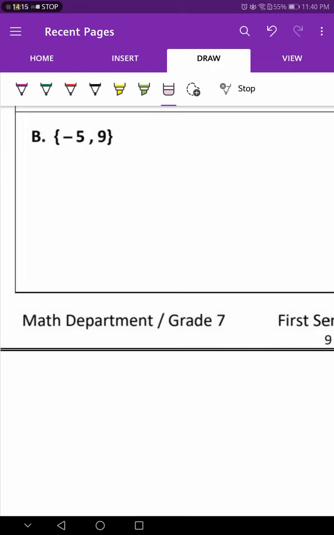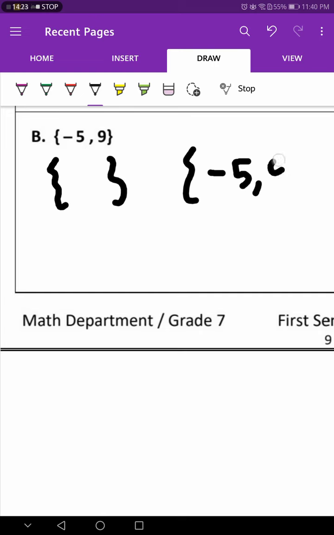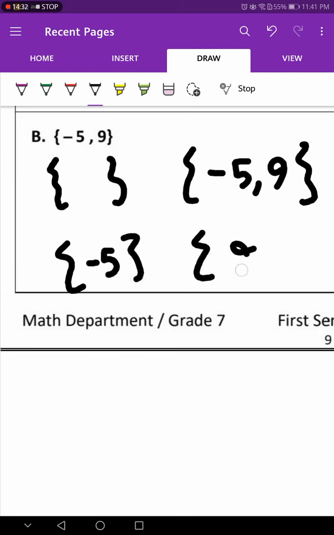He asked me to list all the subsets. Okay, teacher, as you said, I take the empty one without thinking and the full one, -5 and 9. These are the first two subsets. Then I take each element alone. Then 2 by 2? No, it is 2 elements, so you are done, my boy.